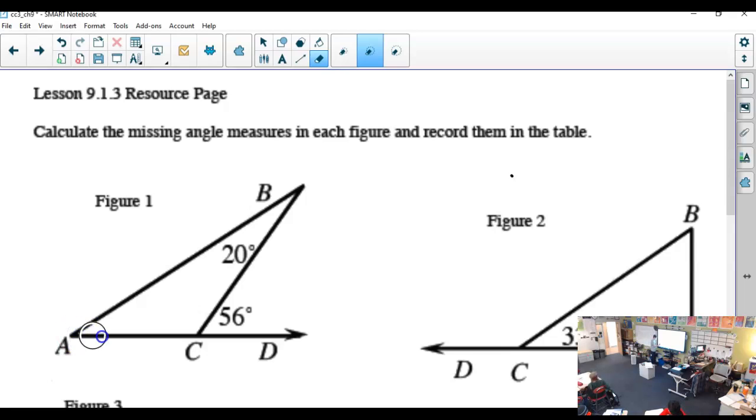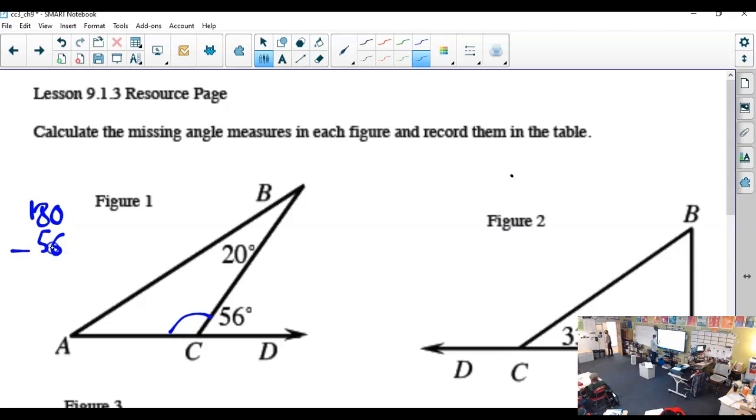So to figure out this one, we need to do 180 minus 56, and that will get us 124 for this one.